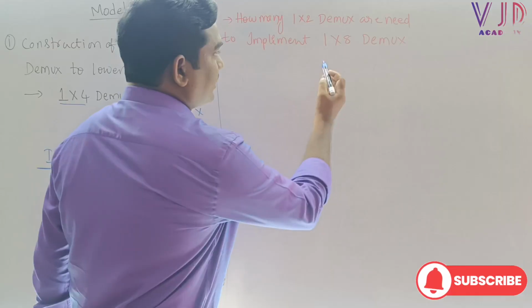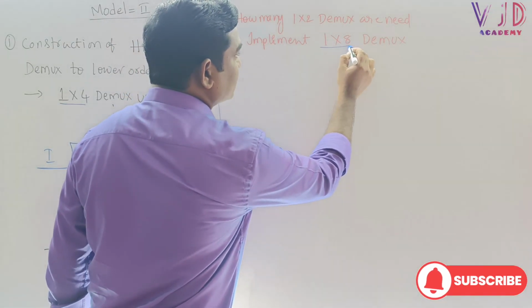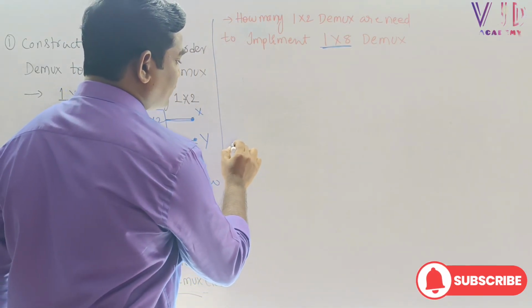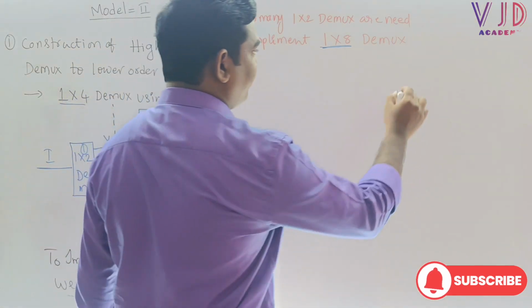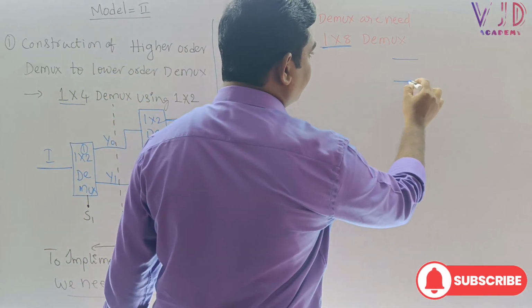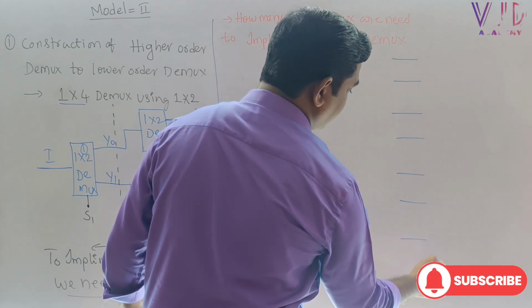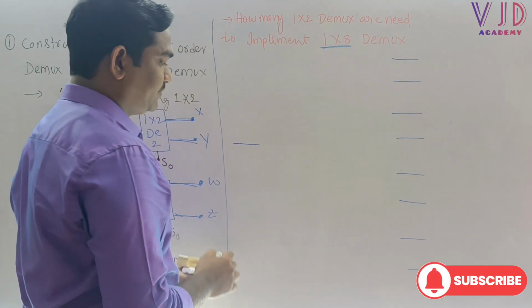Sir, this is the question. The final circuit that we need to construct is 1 to 8 demultiplexer, which means one input should be there, and finally we need to get 8 outputs: 1, 2, 3, 4, 5, 6, 7, 8. 8 outputs must be there.